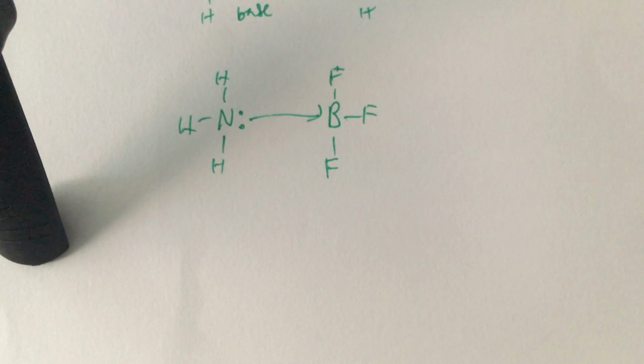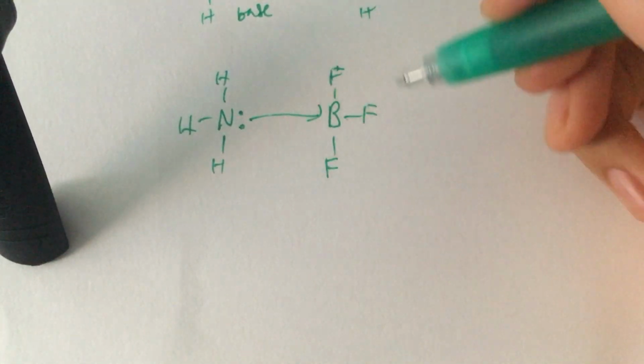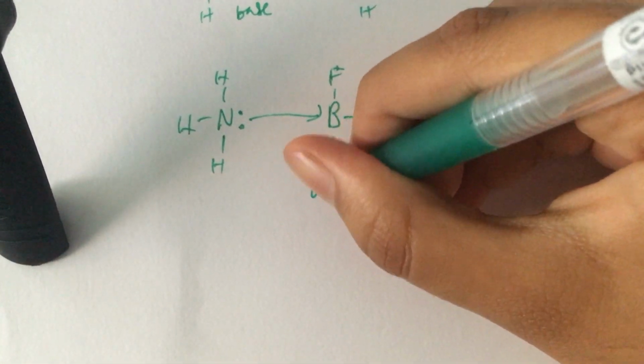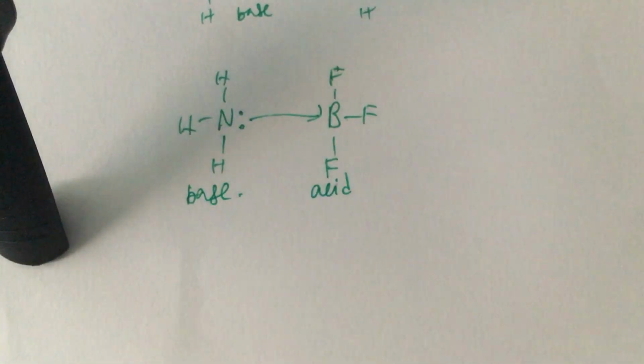So the boron trifluoride acts as the electron receiver, the one that accepts a pair of electrons. So it is in this case the acid, and ammonia the base. It is an acid-base reaction solely because of the electron pair coordination, the coordinate bond formation.